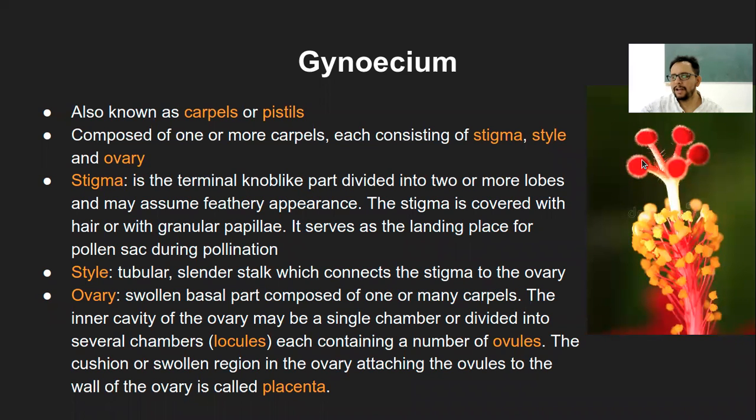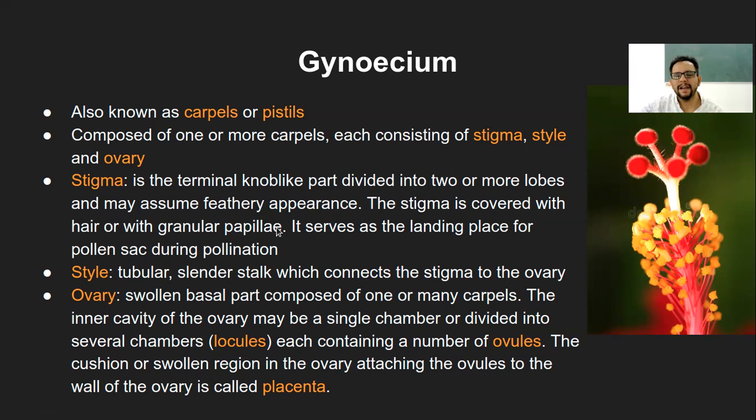So, this particular part, the round ball-like structure or knob-like structure, that is the stigma, and it is divided into two or more lobes internally, depending on what type of plant it is. It may assume a feathery appearance, or it may be covered with hair or granular papillae.